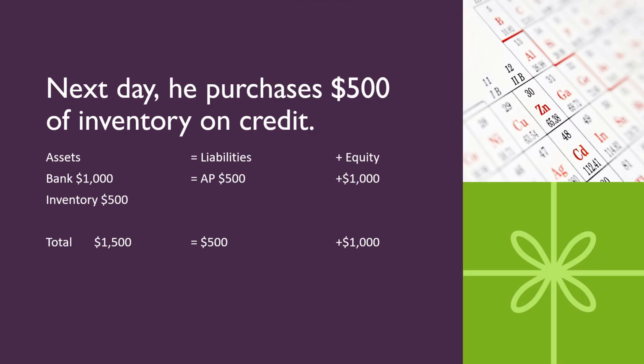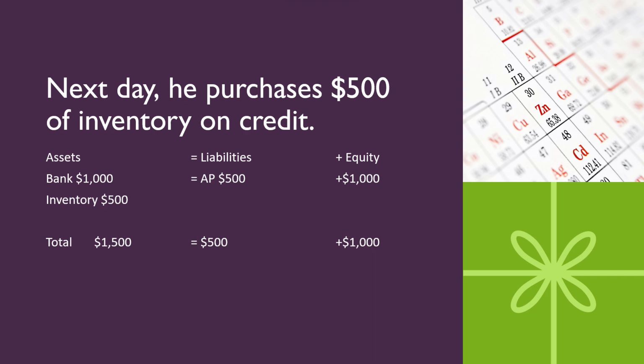Next day, he purchases $500 of inventory on credit. How this transaction will affect the accounting equation is shown on the screen. On the asset side, inventory of $500 is added, and on the liability side, $500 of accounts payable are added because the inventory is purchased on credit.